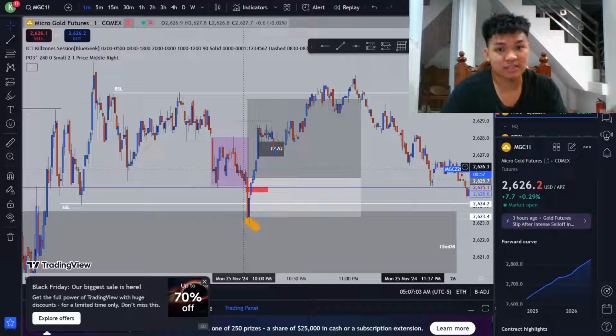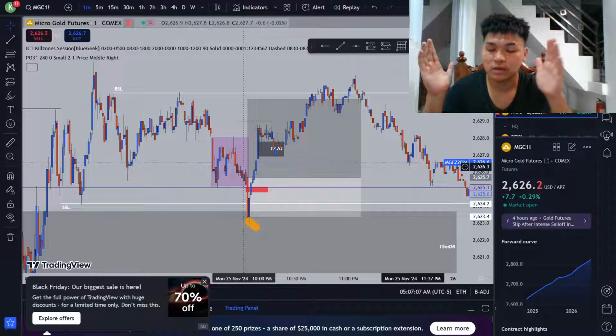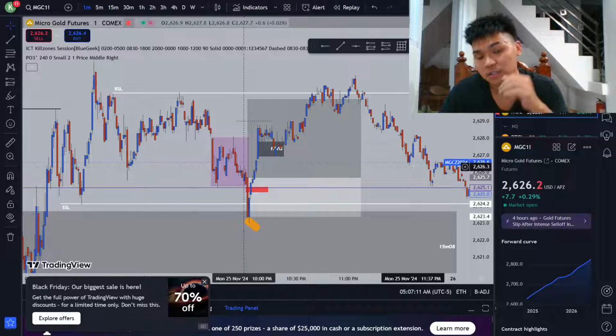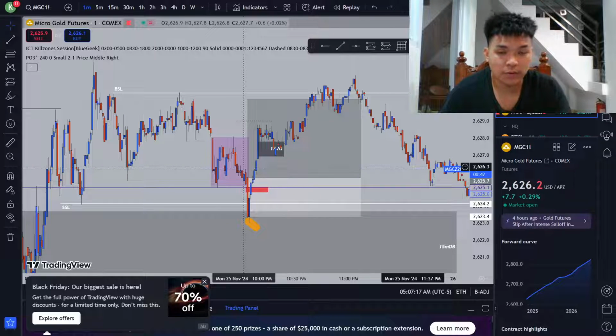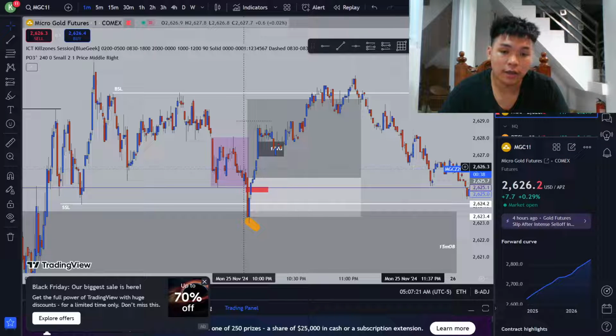That makes sense in the long run, and you're gonna be much more profitable in the long run with a ratio like this. Sometimes the market can give you a 1 to 3 or 1 to 4, just like yesterday. It gave me a 1 to 3, almost a 1 to 4, if I didn't take those partials. But as much as possible, learn how to manage your risk and have a longevity mindset.